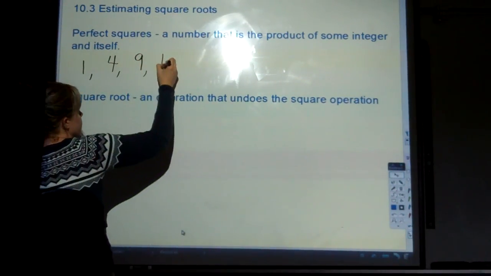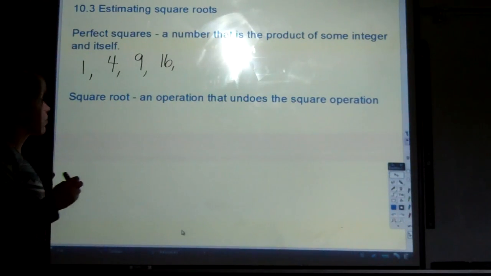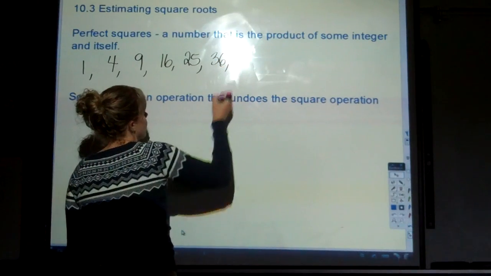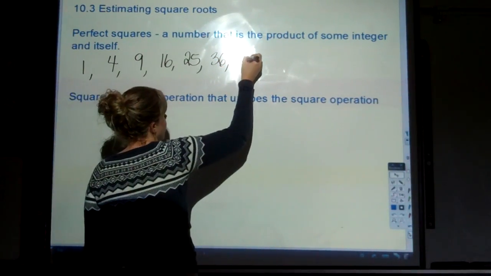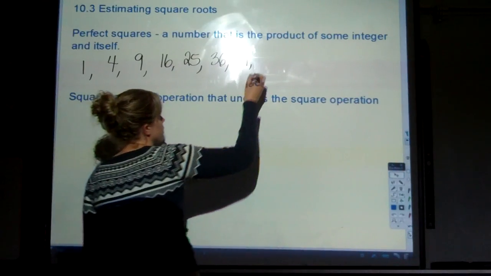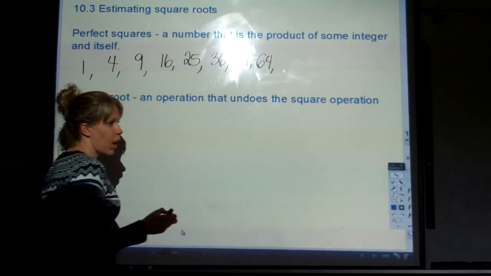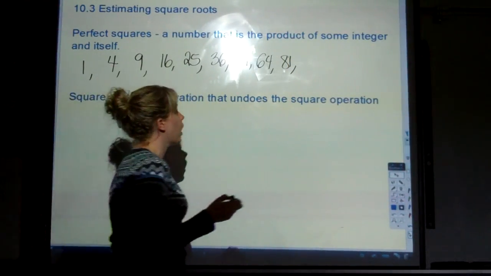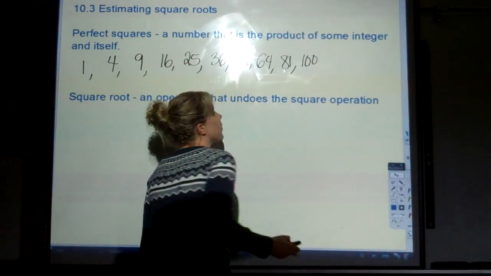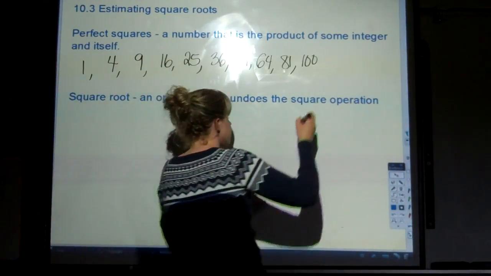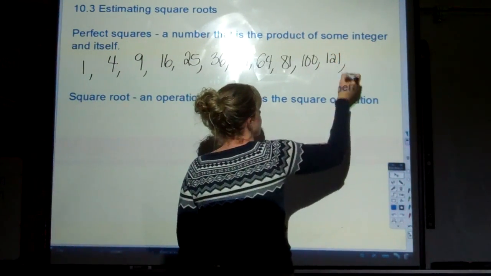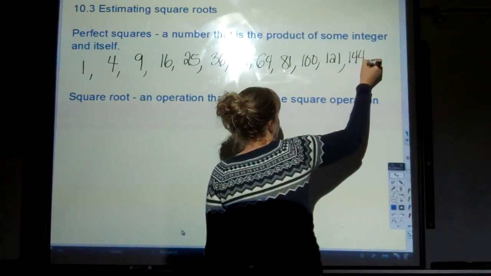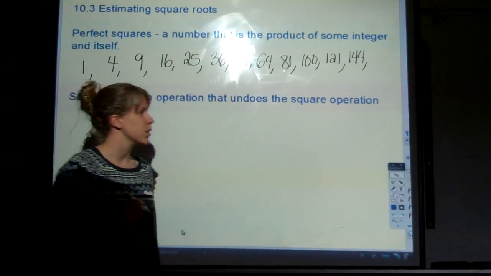4 times 4 is 16. 5 times 5 is 25. 6 times 6 is 36. 7 times 7, we did that, that's 49. 8 times 8 is 64. 9 times 9 is 81. 10 times 10 is 100. 11 times 11 is 121. 12 times 12 is 144. 13 times 13 is 169.